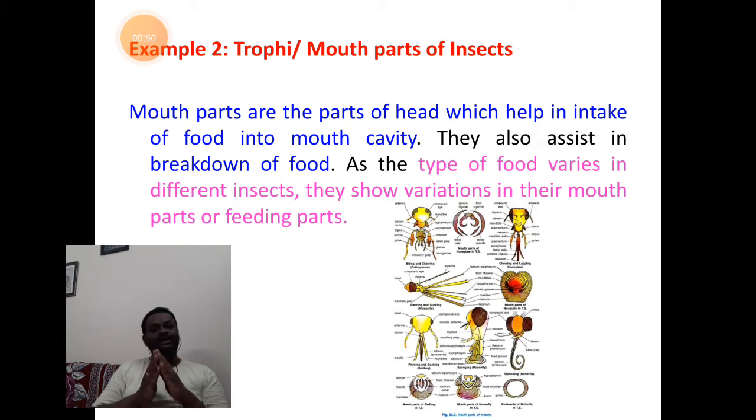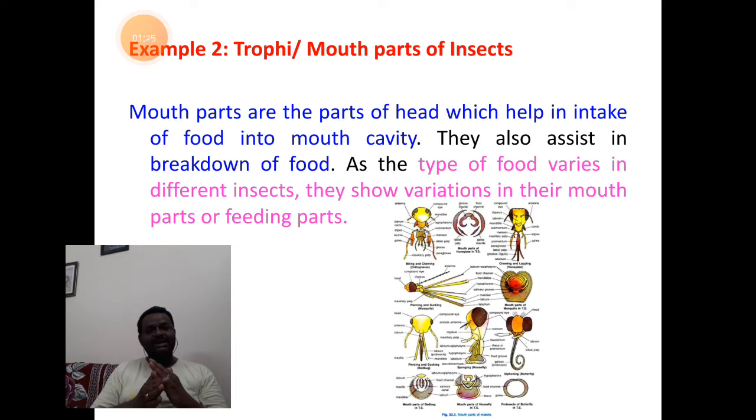We know that homologous organs are the similar structures or organs which will have similarity with the basic plan and even the origin, but they differ with the functional aspects.